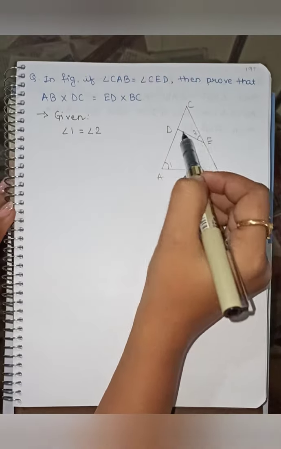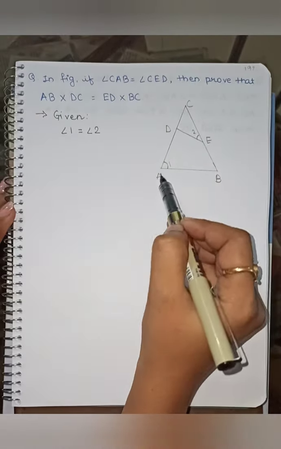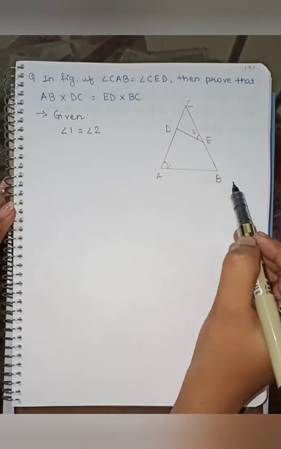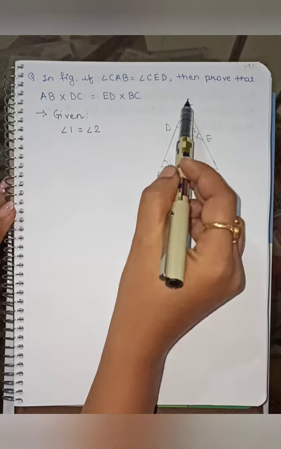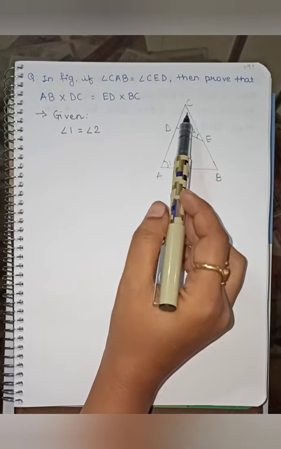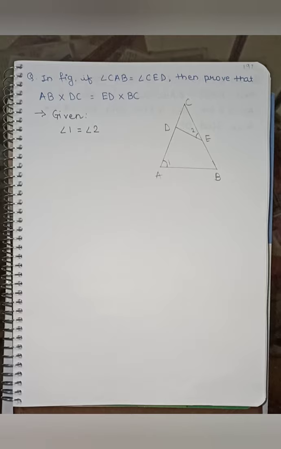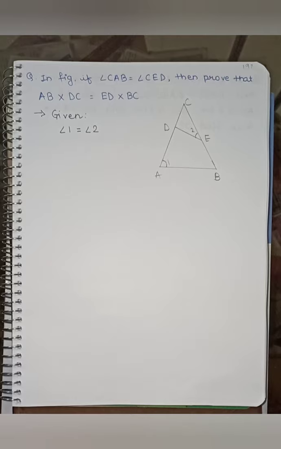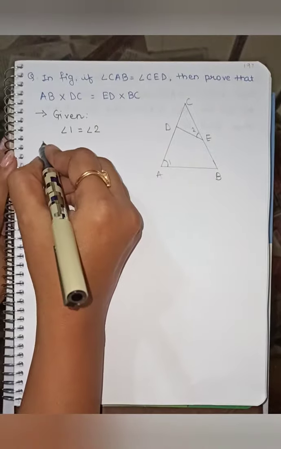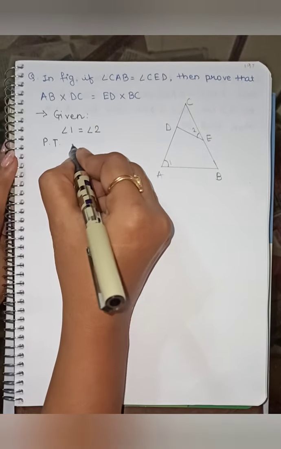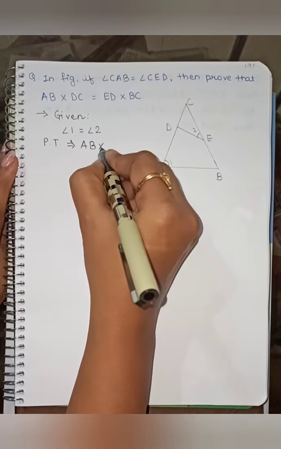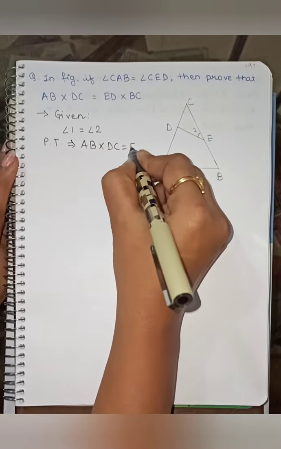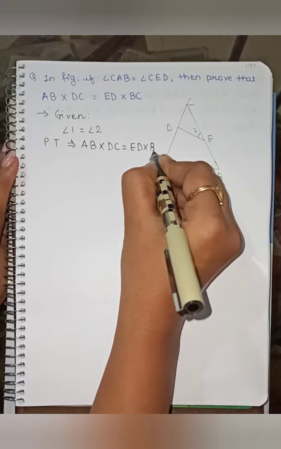So AB, DC, ED and BC. AB and BC are sides of triangle ABC, whereas DC and ED are sides of triangle CED. So if I show that the respective two triangles are similar, I can get the required proof. Let us write down what is to be proven. It is AB into DC equal to ED into BC.